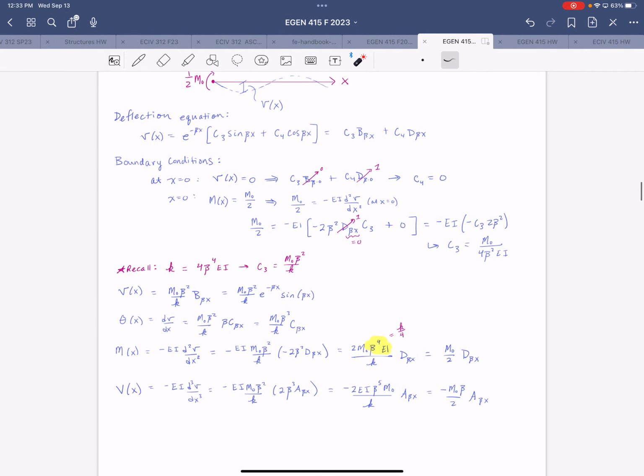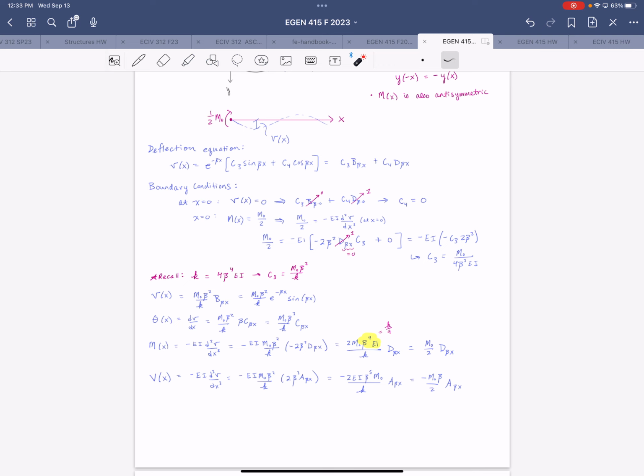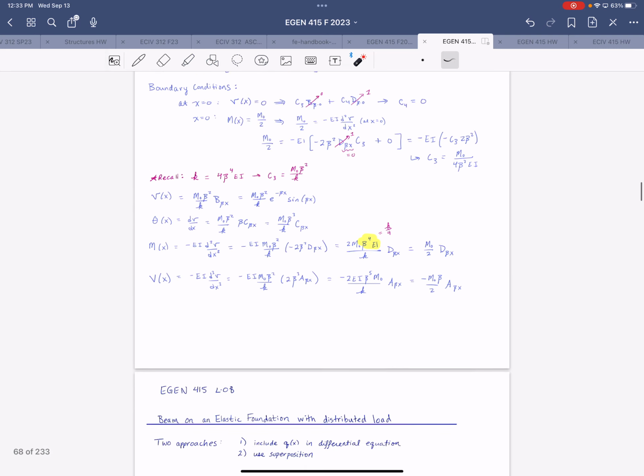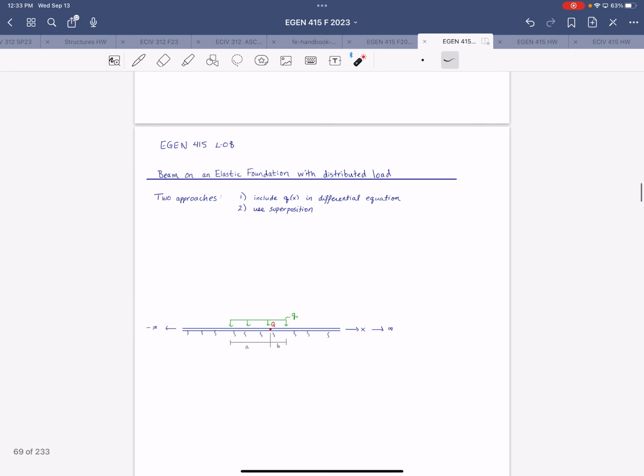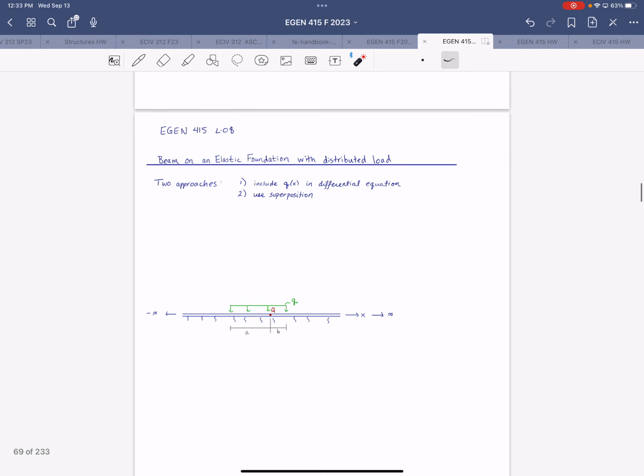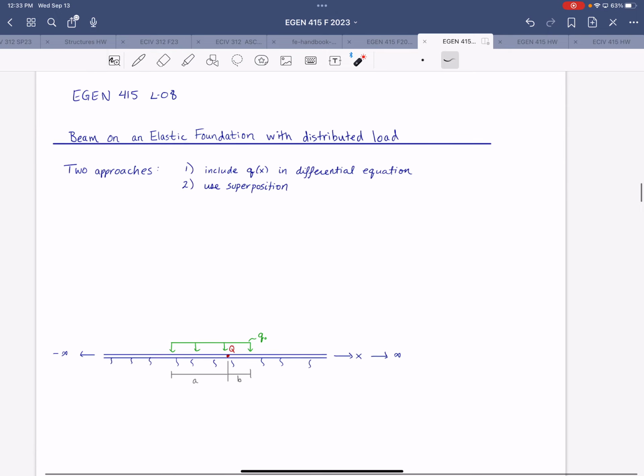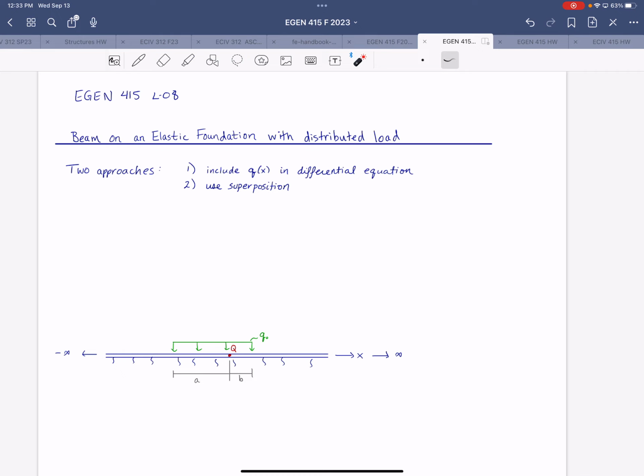All right. So now we'll roll into the distributed load consideration. Here, there are two approaches that we could take if we have a distributed load on the beam on an elastic foundation.